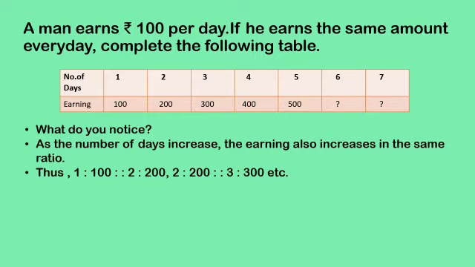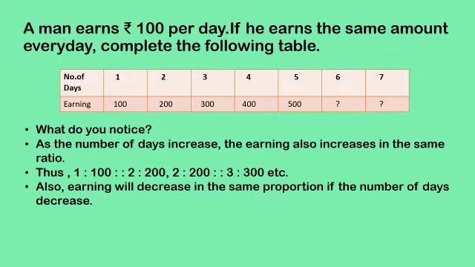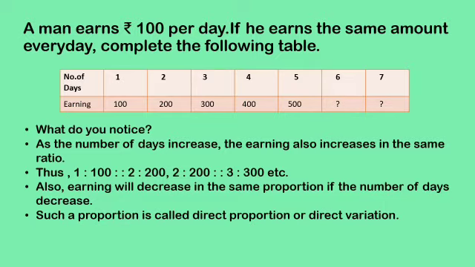Thus, 1 is to 100 as 2 is to 200 and 2 is to 200 as 3 is to 300, etc. Also, earning will decrease in the same proportion if the number of days decrease. Such a proportion is called direct proportion or direct variation.